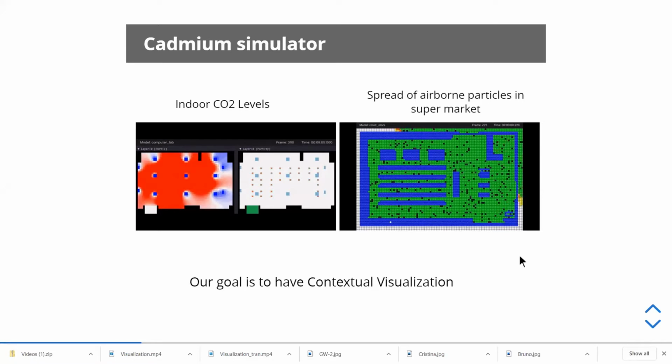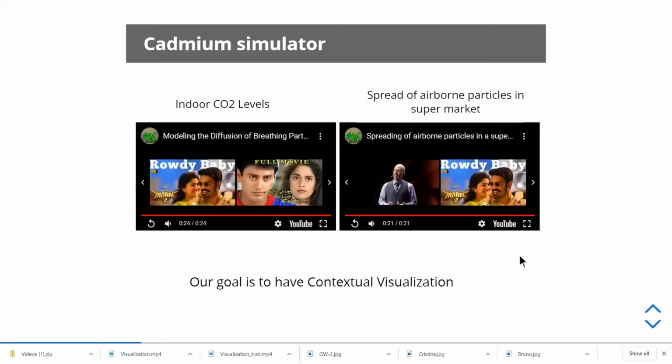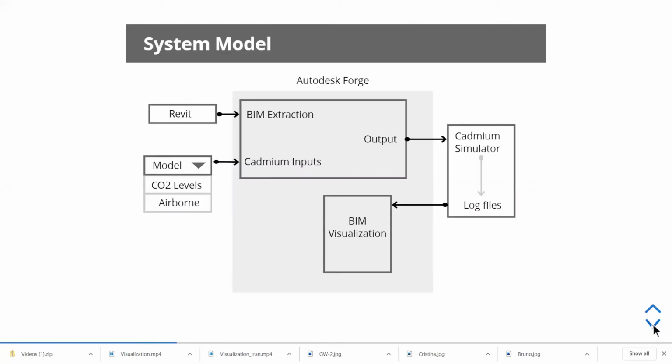On the other hand, our simulators did not have good contextual visualization. It was more on a 2D base. So this hackathon opened up a lot of options. When I was looking at this post on LinkedIn, I thought, why not try it, and decided to attend the Autodesk Forge workshop, and we came up with the model after attending this workshop.